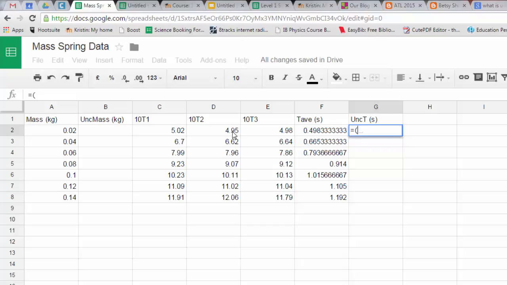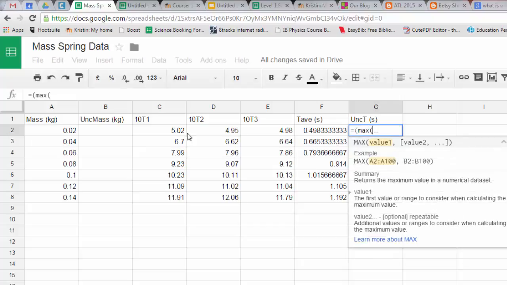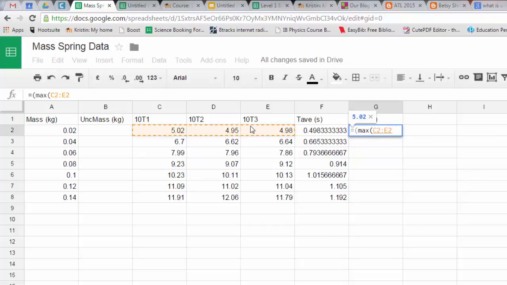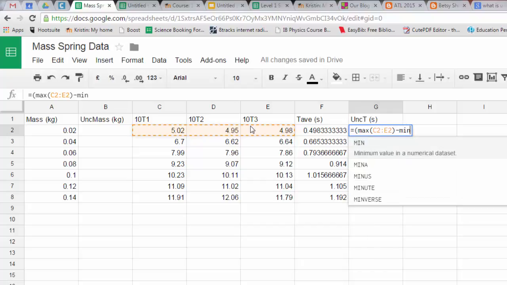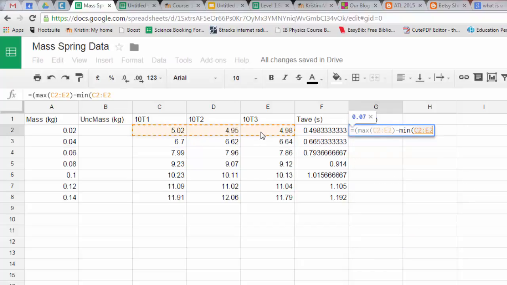Okay, so I'll take the maximum value of those three, and I'll subtract the minimum value of those three, and then close bracket, and then divide by 2.